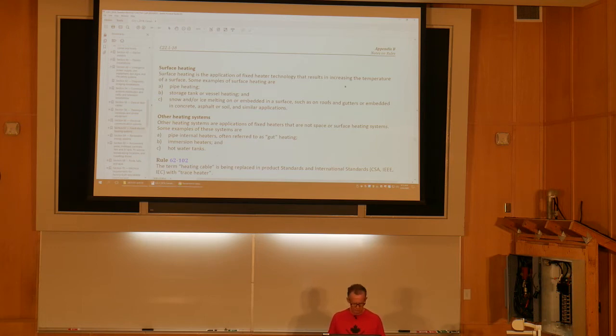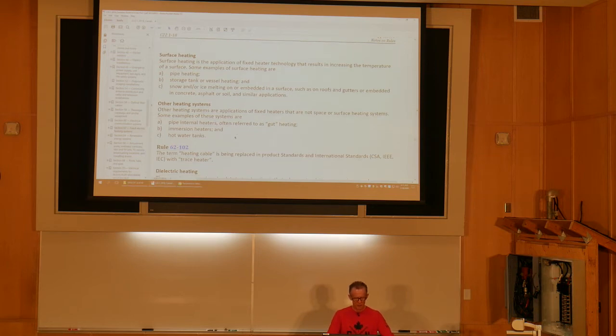Other heating systems. Other heating systems are applications of fixed heaters that are not space or surface heating systems. Some examples of these systems are pipe internal heaters, often referred to as gut heating, immersion heaters, and hot water tanks. All right.